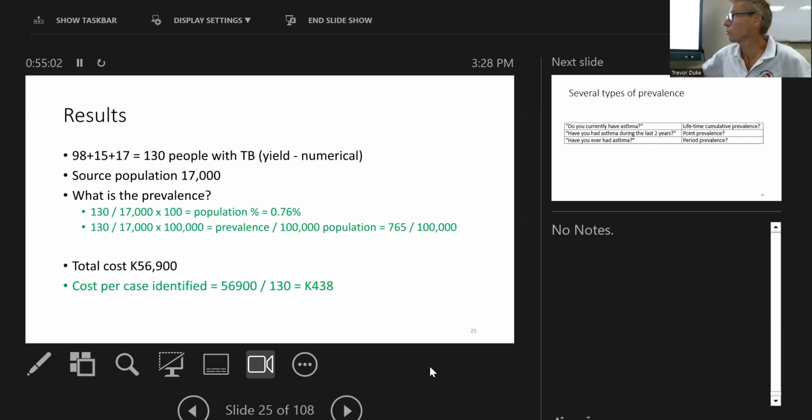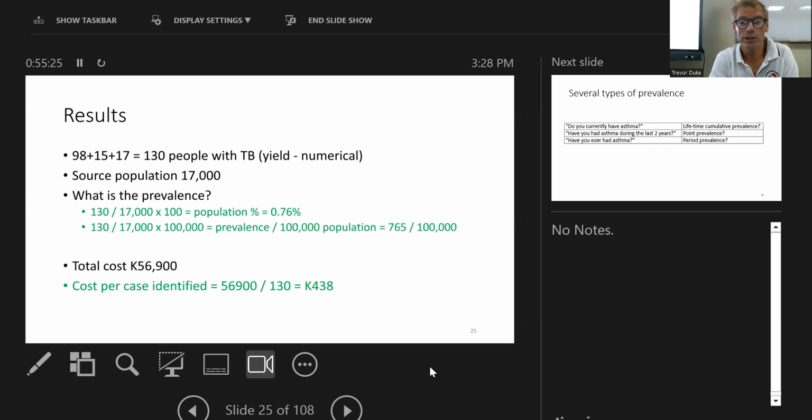It's not quite 1%, but it's nearly 1%, and that's very high. There has been another study that was as high as 1.2%, or 1,200 per 100,000. But this one in ETIP, 765, that's a very high TB prevalence.